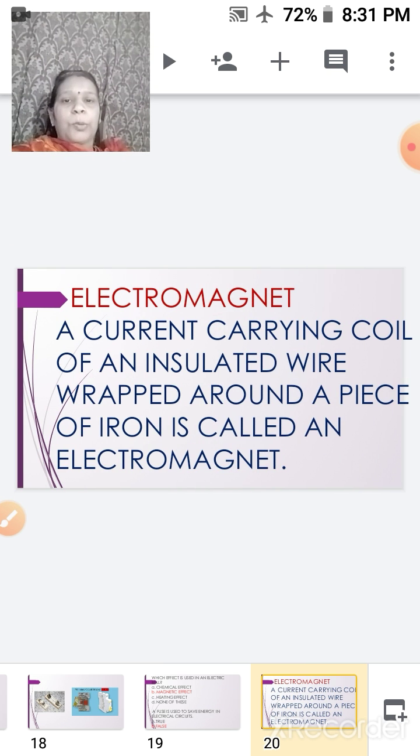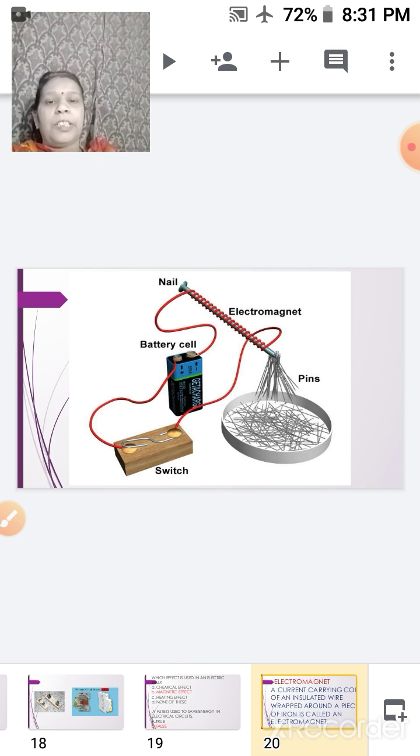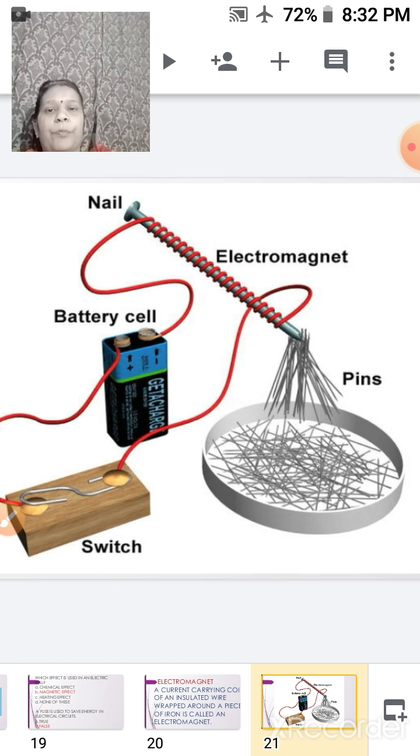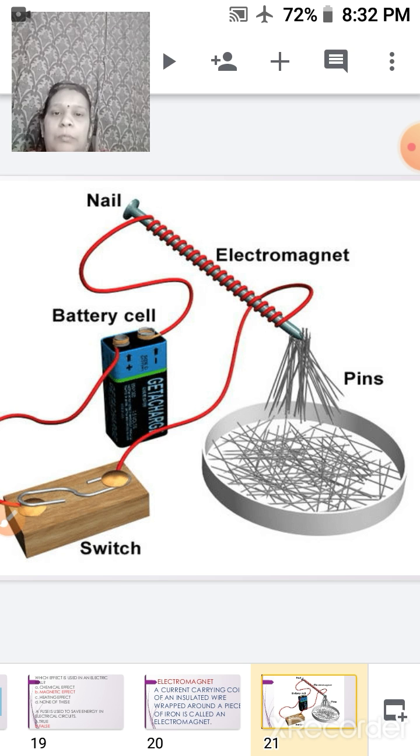Now we will talk about the electromagnet. What is an electromagnet? When a current carrying coil of an insulated wire is wrapped around a piece of iron, it is called an electromagnet. Here you can see this nail which is wrapped with the metallic wire, which is an insulated one.